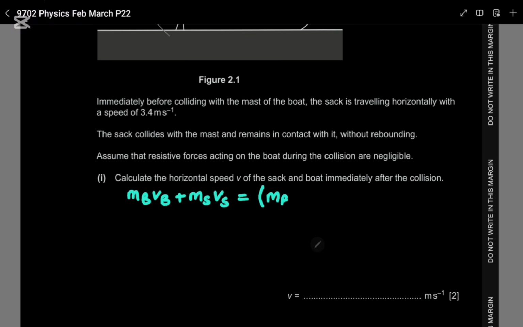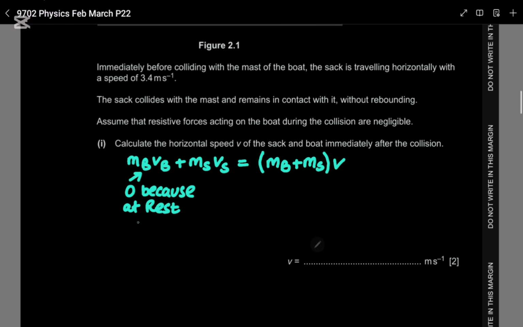So mass of the boat plus mass of the sack into v, okay. The v is the same, okay. It's a common velocity for both of them. They move at the same velocity, okay, same speed. So anyways, this is 0 because the boat is at rest, okay.